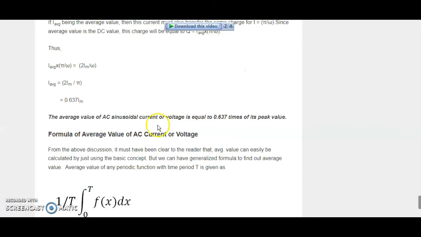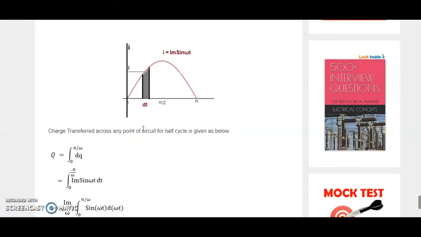This can be understood by this equation over here. Like I told, we have to consider a sinusoidal waveform, and I'm ignoring the negative half cycle. I'm going to consider only the positive half cycle. If I consider the whole cycle, I would get 0, because plus and minus will cancel to 0. So you only have to consider the positive half cycle. It is equivalent to DC, like I told you earlier.